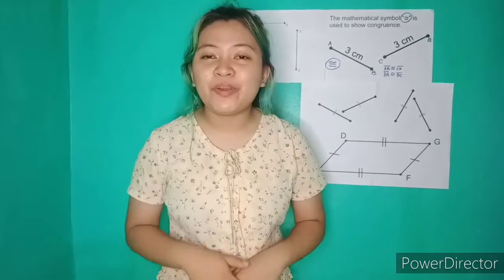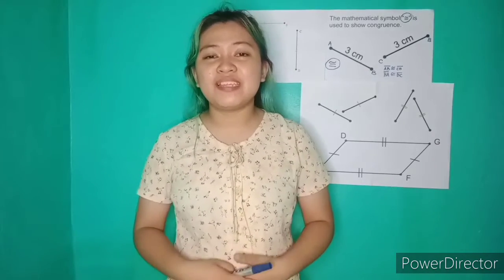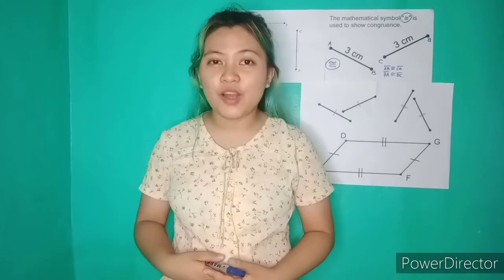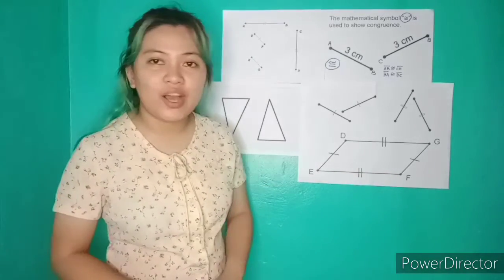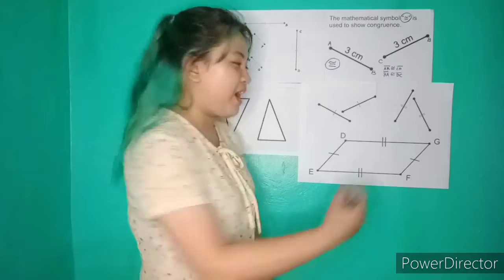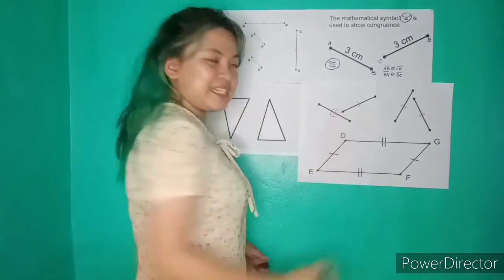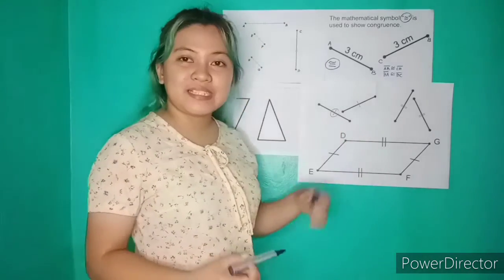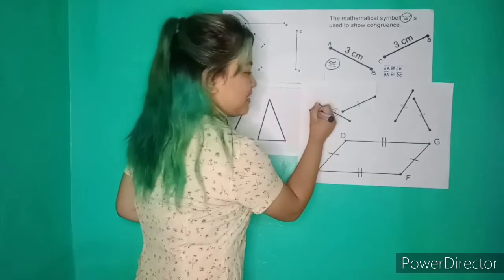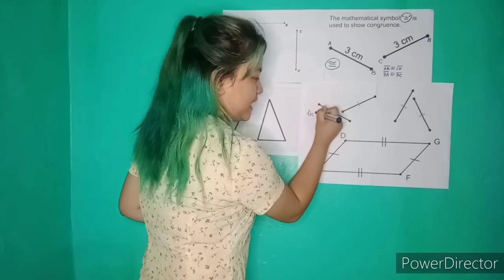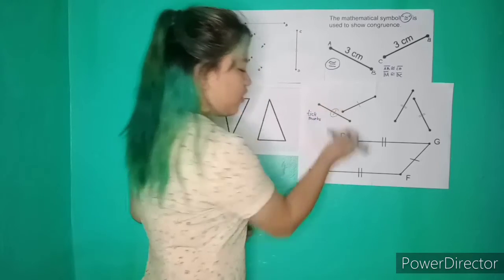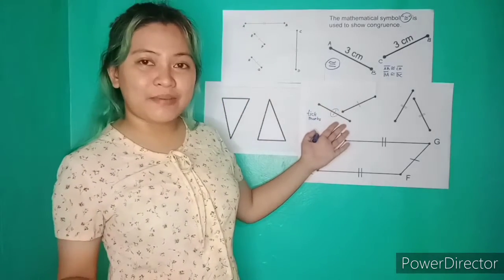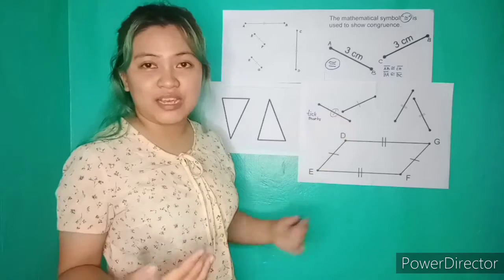We need to remember that line segments do not need to be parallel to be congruent. As you can see here below, we have an illustration, and we call these tick marks, spelled T-I-C-K marks. These are small line segments. They're like slashes.